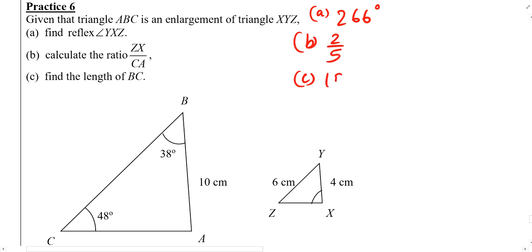Part C, 15 cm. We need help with part A. Okay, reflex angle YXZ. So we're searching for this angle. Does that answer your question already? Okay. Now part B. Ratio ZX over CA. Who needs help? Part B.